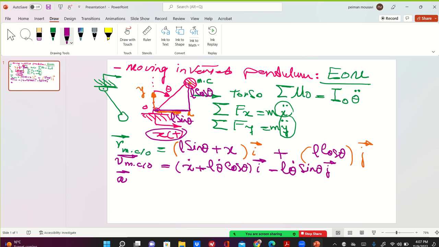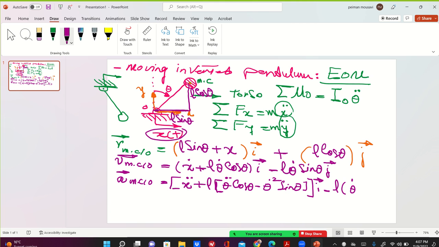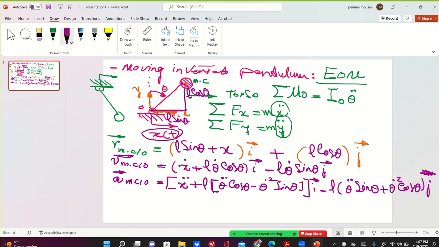And the acceleration of the mass center is x double dot plus L times theta double dot cosine theta minus theta dot square sine theta in I, and minus L times theta double dot sine theta plus theta dot square cosine theta in J. Here we go.